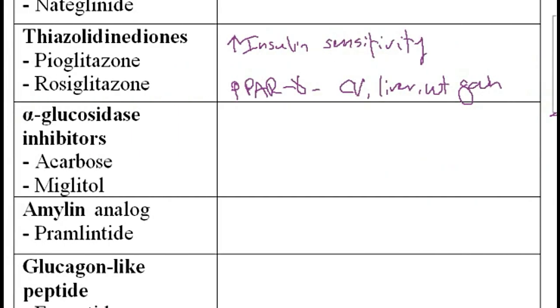The next class of medications are the alpha-glucosidase inhibitors. The alpha-glucosidase enzymes' function is to break down starch and other complex carbohydrates into monosaccharides so that they can be absorbed.